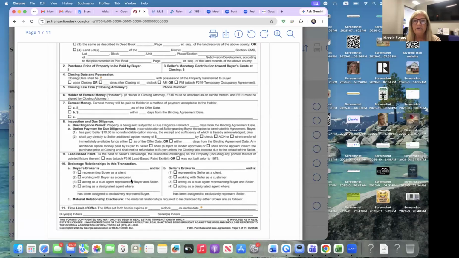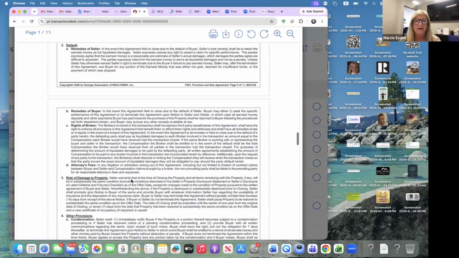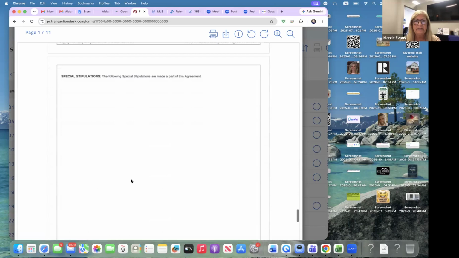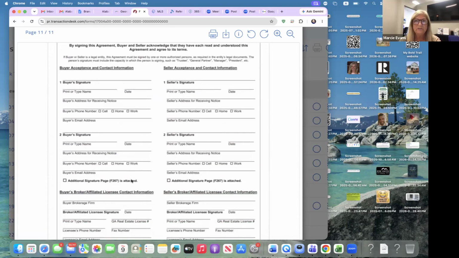Now, when you get down to the bottom, this has happened a lot with FSBOs, where people think, well, I'm not really representing them, but you kind of are. You have to have some sort of customer relationship because you're helping to facilitate the sale. It's just ministerial duties and you're not giving them advice.